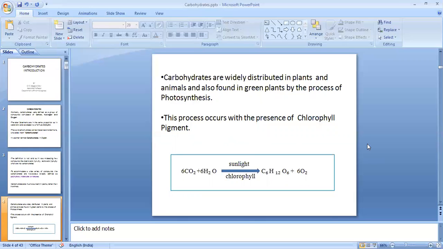This process occurs in the presence of chlorophyll, a pigment in the plant. It absorbs carbon dioxide from the atmosphere and takes up water from the ground. In presence of sunlight, it is converted into starch and oxygen is released. You know very well about this.